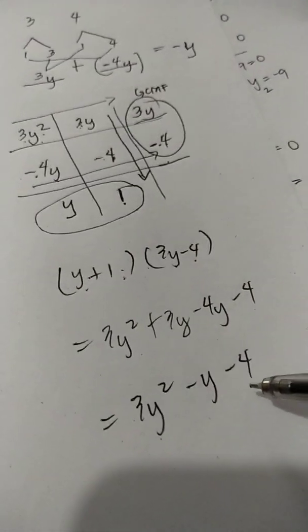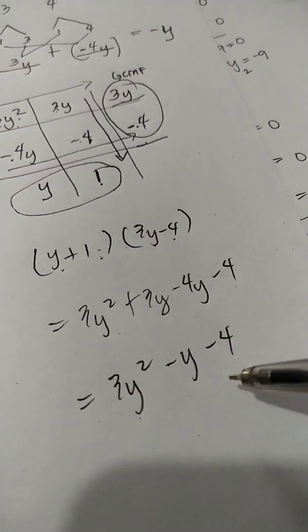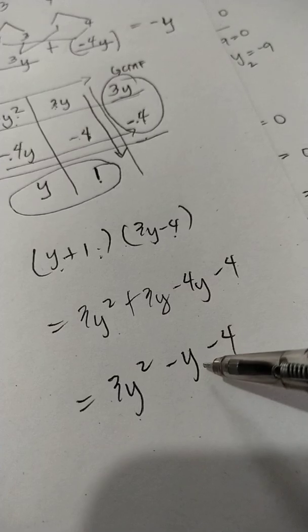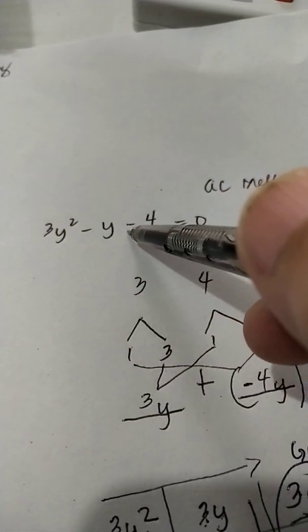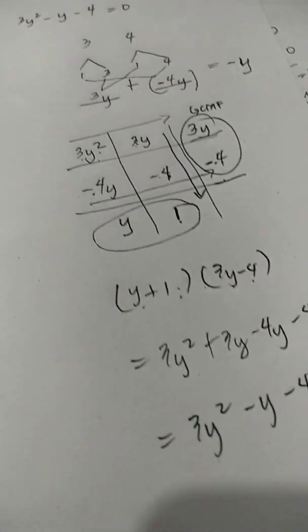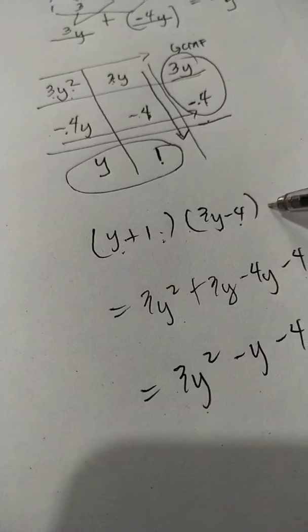So, were we able to get the original trinomial? 3y squared minus y minus 4. Let's compare 3y squared minus y minus 4. So, the answer is yes. We got the correct factor. So, these are now the correct factors. So, we write it here in our solution.